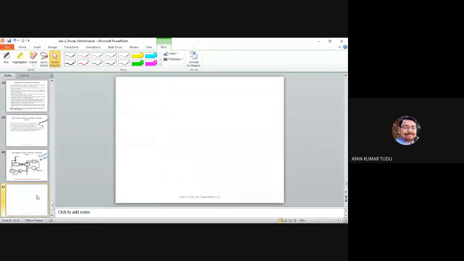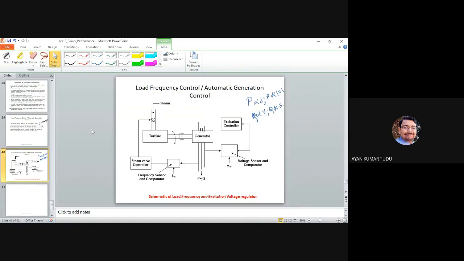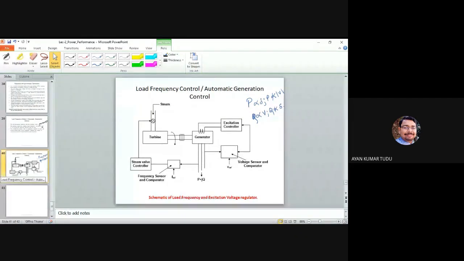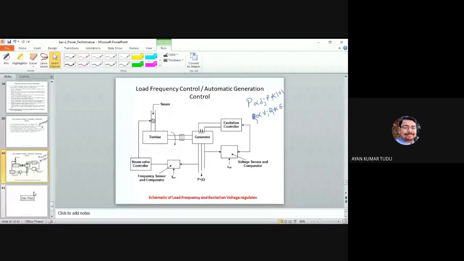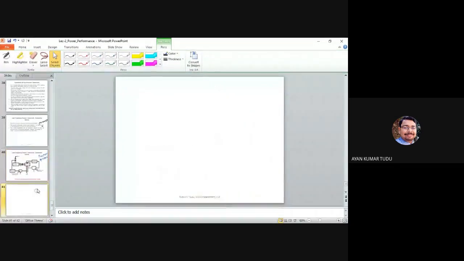So why do the transients in the excitation voltage controller not affect the load frequency controller? On the left hand side we have the power frequency control, or the load frequency control, and on the right hand side we have our excitation voltage control.